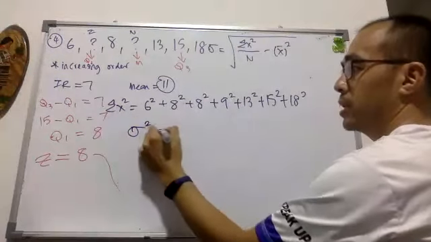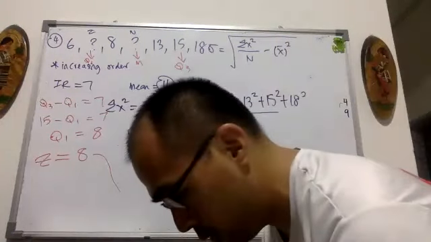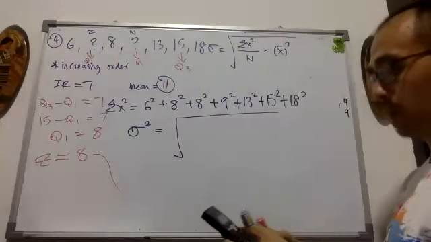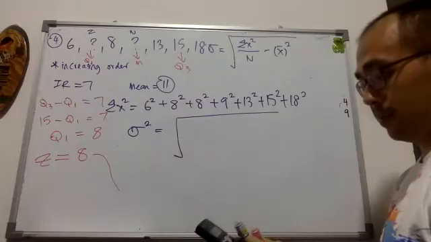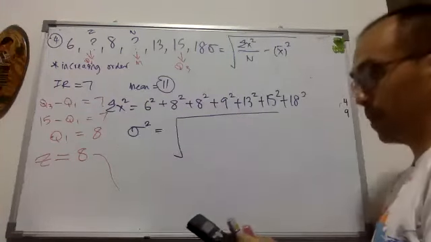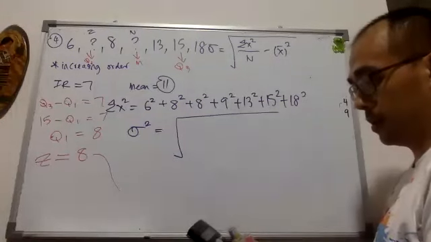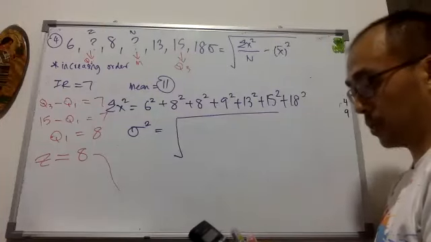Standard deviation equals to, okay, I'm going to calculate this for you. You can do it at the same time also. So it's 6 squared plus 8 squared plus 8 squared plus 9 squared plus 13 squared plus 15 squared plus 18 squared.